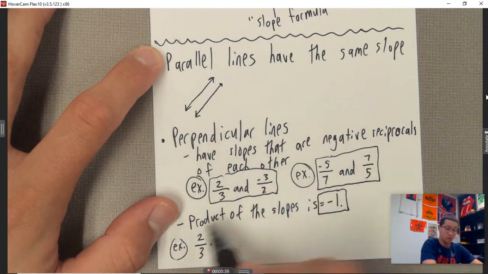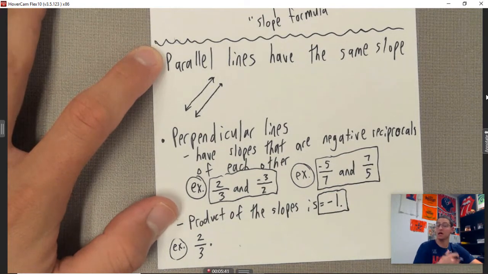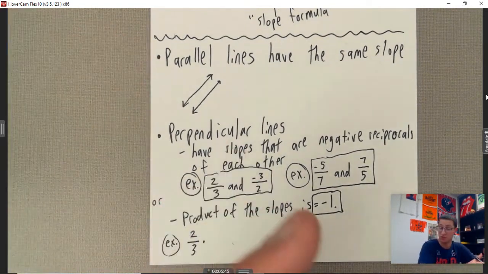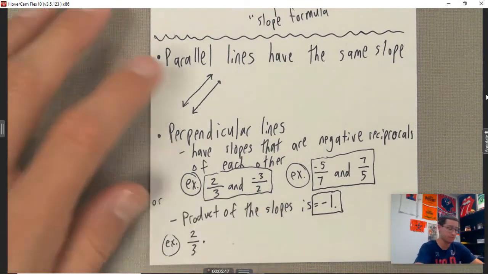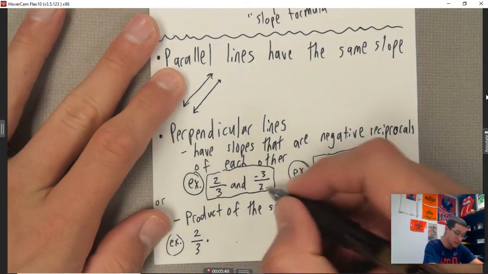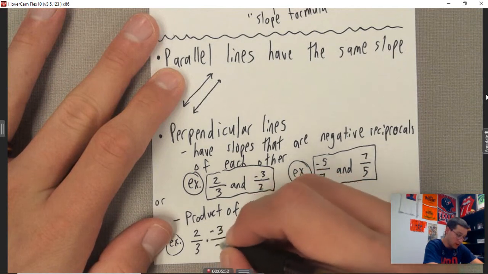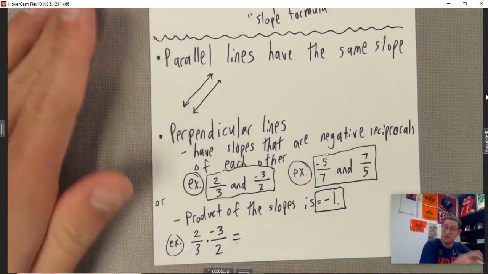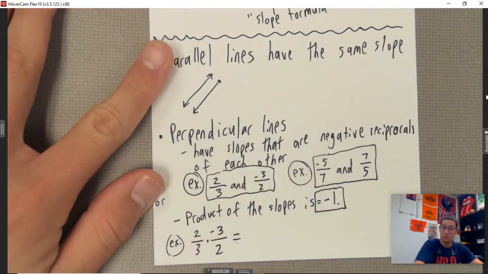What does the product mean? The product is the answer in a multiplication problem. When you multiply two things together, you get a product. So 2/3 times -3/2. We want that to be -1, and if it is, then the lines would be perpendicular.